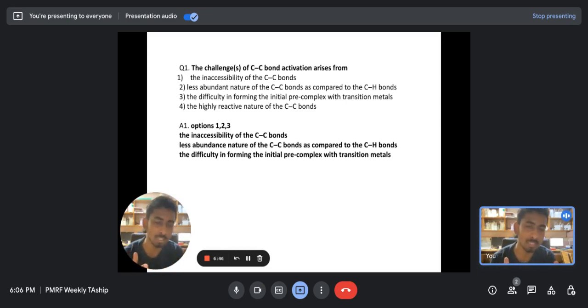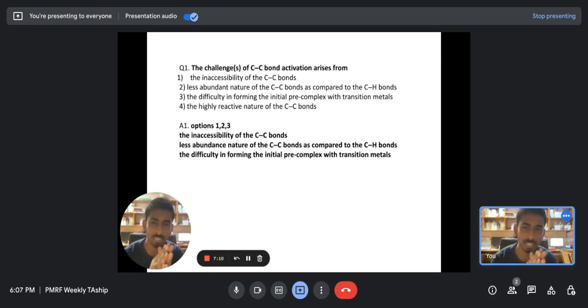The transition metals are denoted as TM. Now, for TM to get bound to CC, TM has to induce polarity on the CC bond, and it is very difficult for transition metals to initiate a difference in polarity in the so-called non-polar CC bond and induce the formation of a pre-complex with the transition metals.